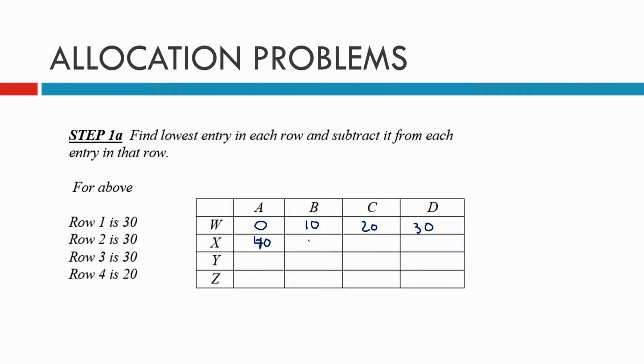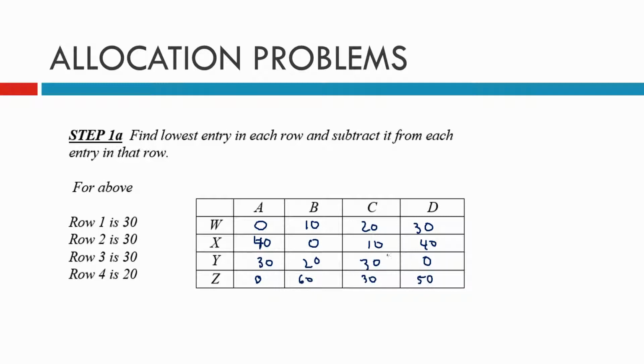In B we had 30, take away 30 gives us 0, and now we've got 10 left in this one and 40 left in this one. We're doing 30 from row 3, I'm just going to read out the numbers, 30, 20, 30 and 0, and in row 4 we need to take away 20, so it's 0, 60, 30 and 50 once we take away the 20.